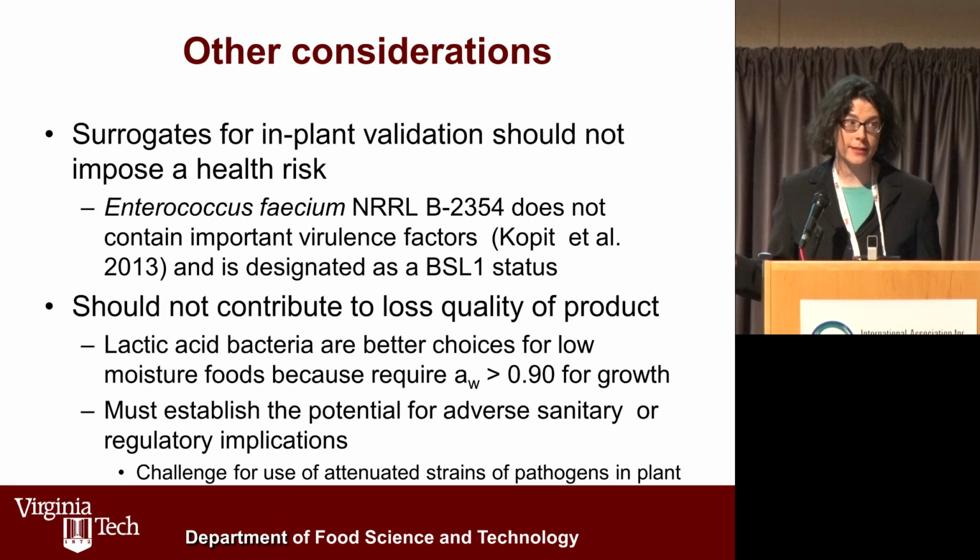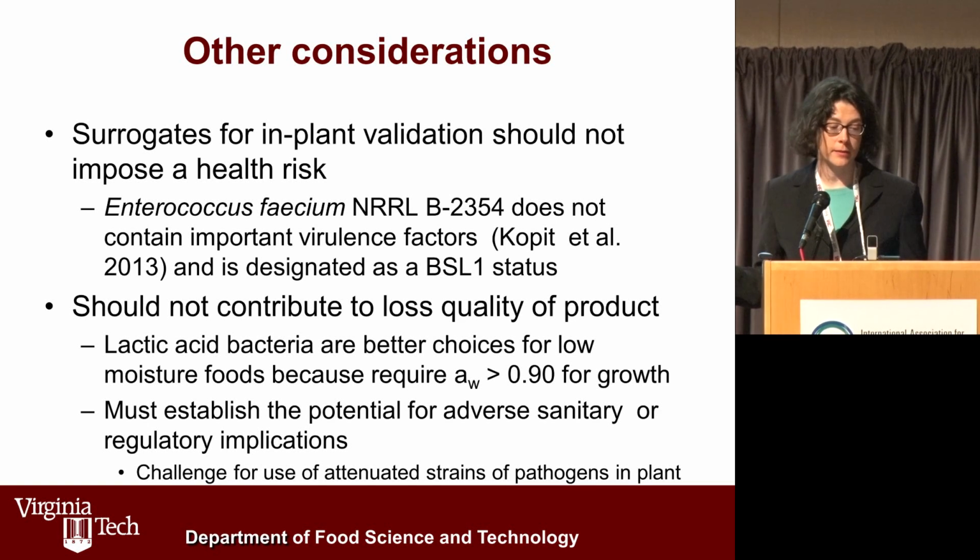Other considerations? Again, I think we've all talked about this, we all understand this. We want to make sure that any surrogates, anything that is introduced into a plant for validation work, should not impose a health risk. I know several years ago there was a lot of concern about the Enterococcus faecium NRRL B2354. It had been reclassified as a BSL-2 organism because, aren't all Enterococcus faecium exactly the same?